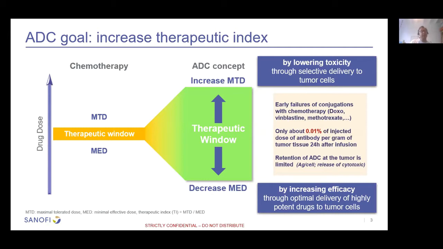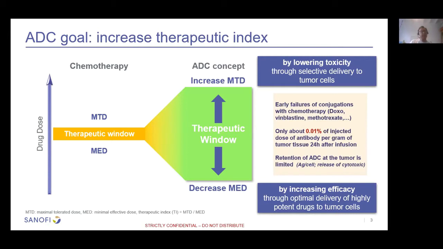And as depicted in this graph, the ADC format allows both to increase the maximum tolerated dose through the selective delivery of the cytotoxic to the tumor cells, and also to decrease what is called the minimal effective dose, the in vivo efficacy, if you will, through optimal delivery of the cytotoxic into tumor cells, obviously for killing them.